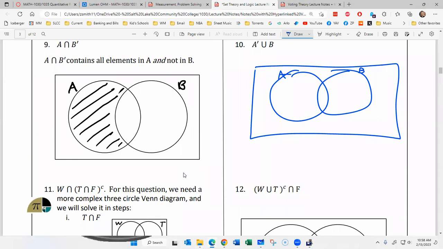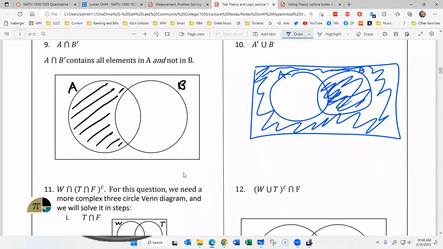What's outside of A and in B? Outside of A and in B, all of that. The only stuff that's not covered is actually this stuff. This is a union. Everything outside of A gets put in, and everything in B gets put in, including the stuff that was inside of A. Because B contributed it, it's in the union.